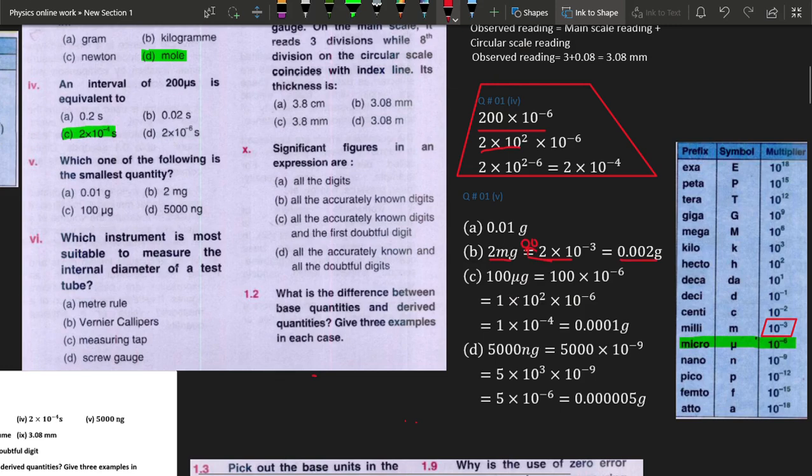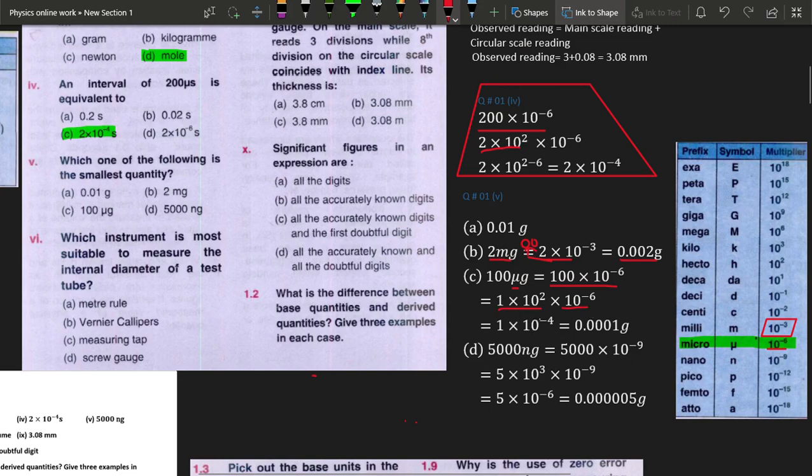Now micro means 10 raised to power minus 6. So 100 micro can be written as 100 into 10 raised to power minus 6. Now when this 100 is converted into scientific notation, it will be 1 into 10 raised to power 2 into 10 raised to power minus 6 for the micro.